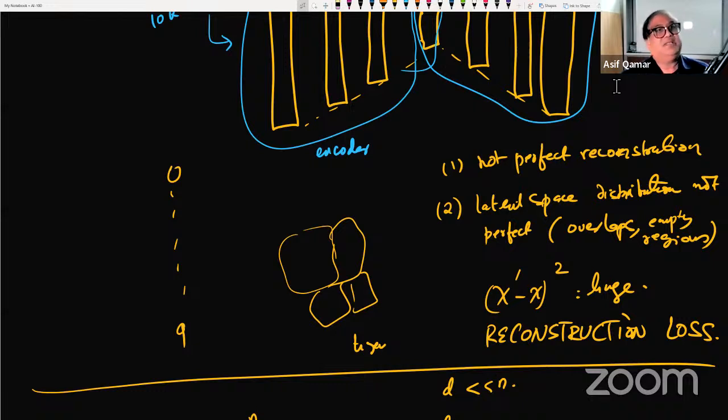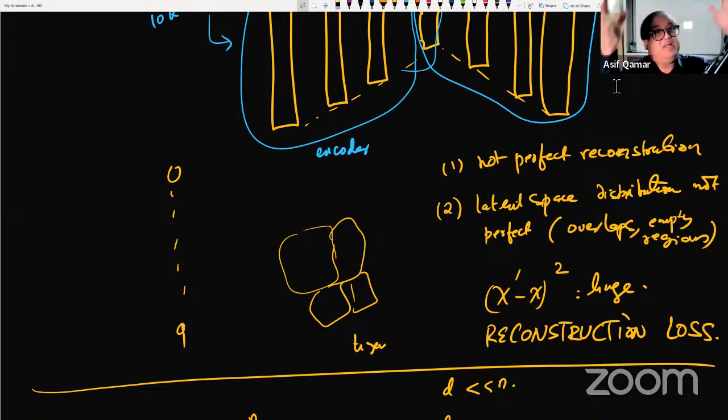We'll say, whatever the input, at the end of it, your distribution in the latent space should look like this. Each of the data, let's say you're talking about digits, zeros, they should form a nice Gaussian distribution, like a hill. Then they should form a nice cluster. 1 should form a cluster, 8 should form a cluster, and those clusters should all be close to the origin. They shouldn't be spread far out.